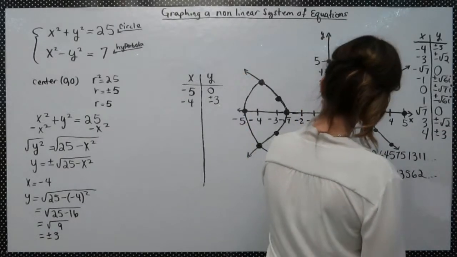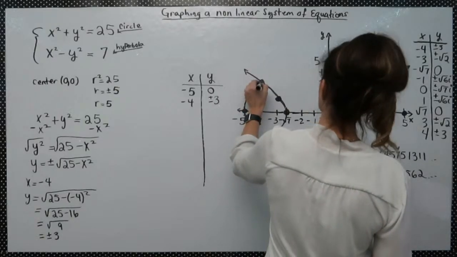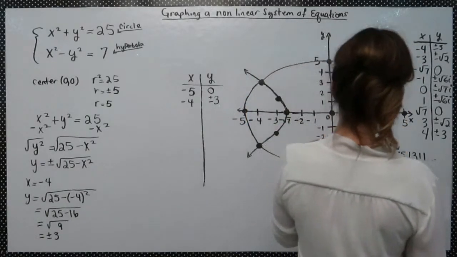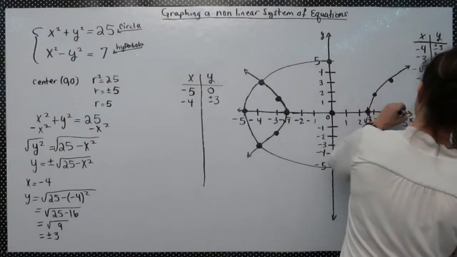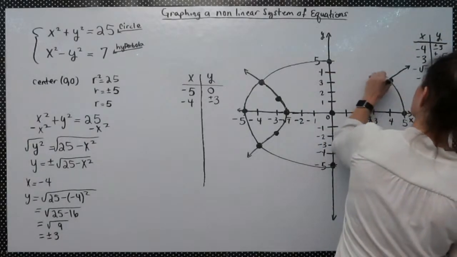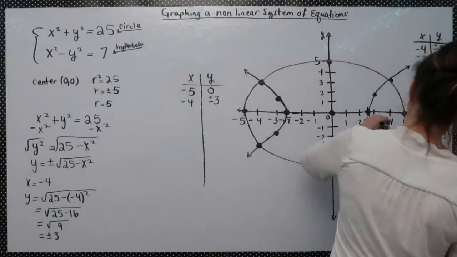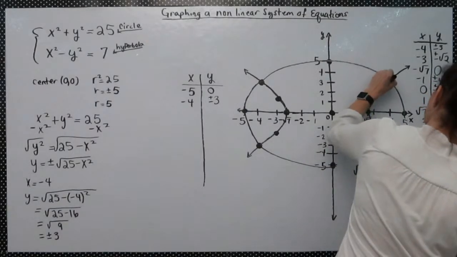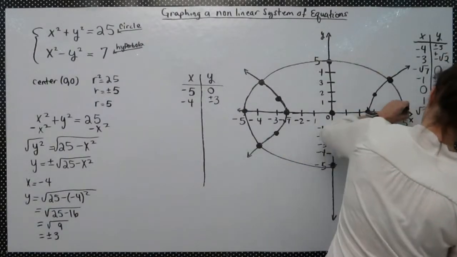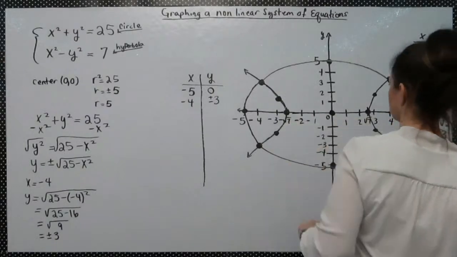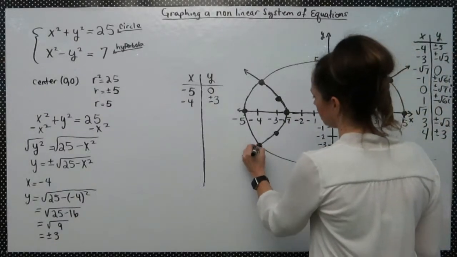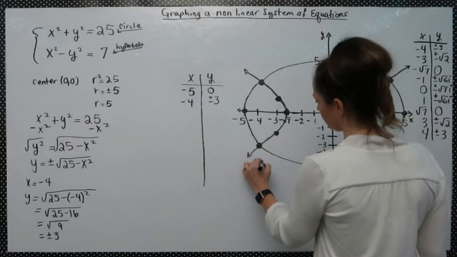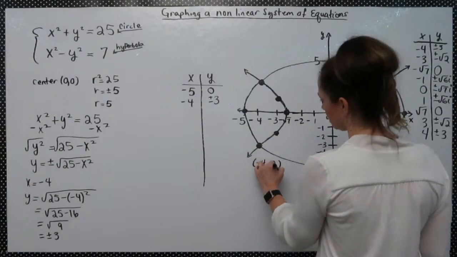So that circle, what it means is it's also going to intersect at plus or minus 3 here as well. And that happens to coincidentally be my intersection. This is going to be my solution. So we've got -4, comma -3 here.